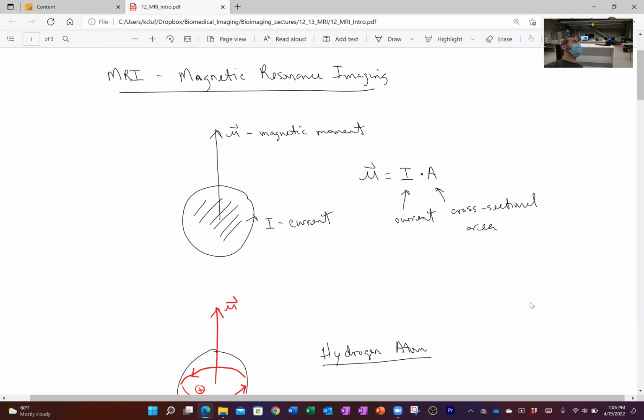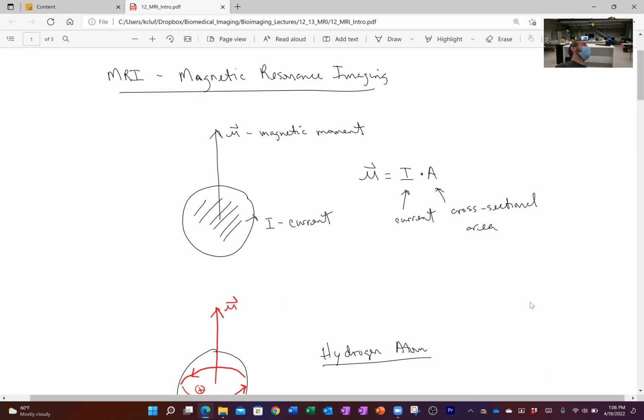Okay, so this will be the last imaging modality we'll talk about: magnetic resonance imaging. Now, if you recall, the type of energy that's used determines the modality. If you're using sound waves, that's ultrasound imaging.